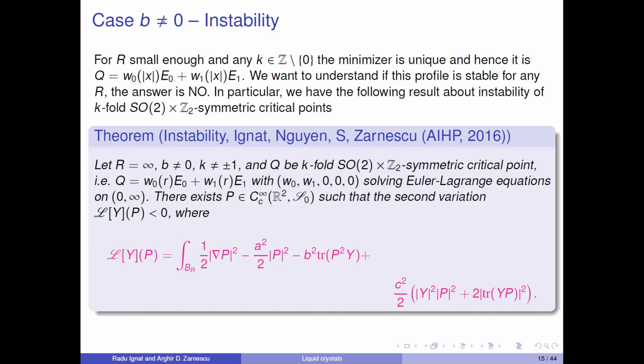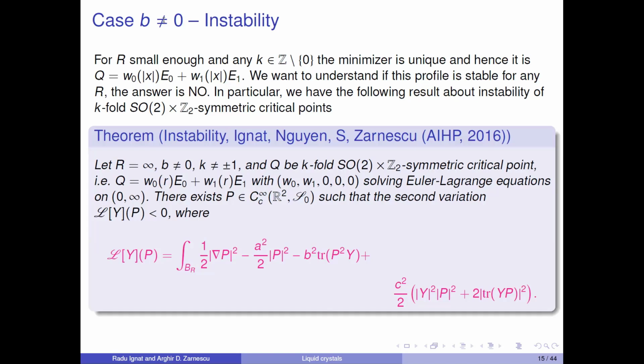But the more interesting case is what happens when R is large, and in fact you can show that you can make this negative. So you have an instability phenomenon. Namely, if you have this symmetric critical point with just two components, you can construct a perturbation to make this second variation negative.